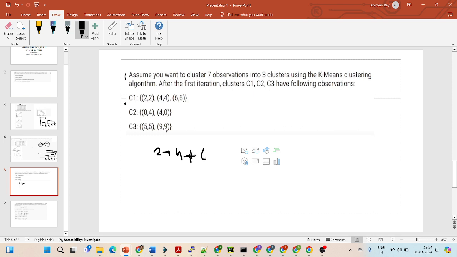So this becomes 4, and the same in the y as well. This will be divided by 2, so it will be 2 comma 2. And now this is 14, divided by 2 as well. This is 7 comma 7.